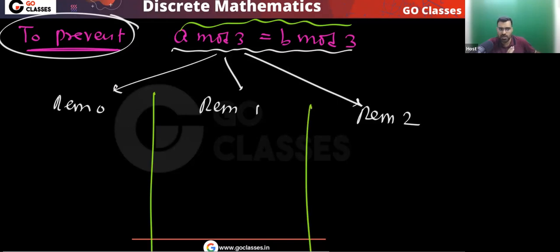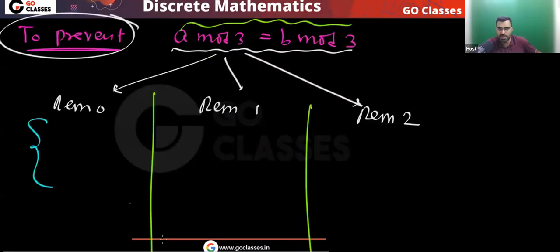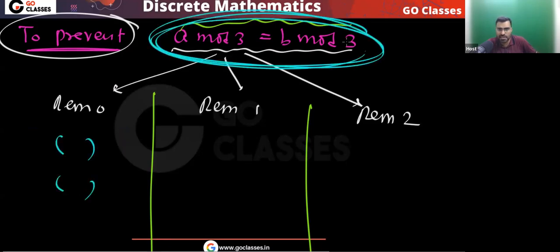Now you can notice within each category, if I take 2 ordered pairs, can I prevent this condition?